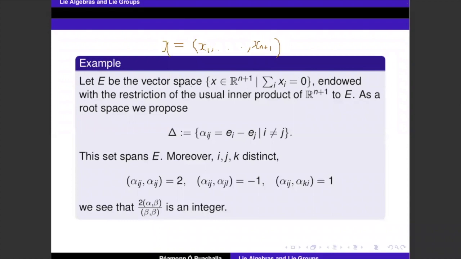And we endow it, of course, with the restriction of the usual Euclidean inner product in R to the n plus 1. Then we're proposing that this finite subset of vectors is actually a root space.